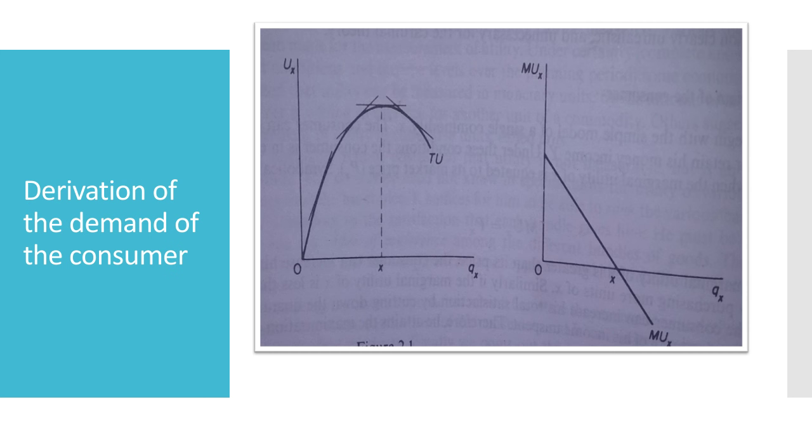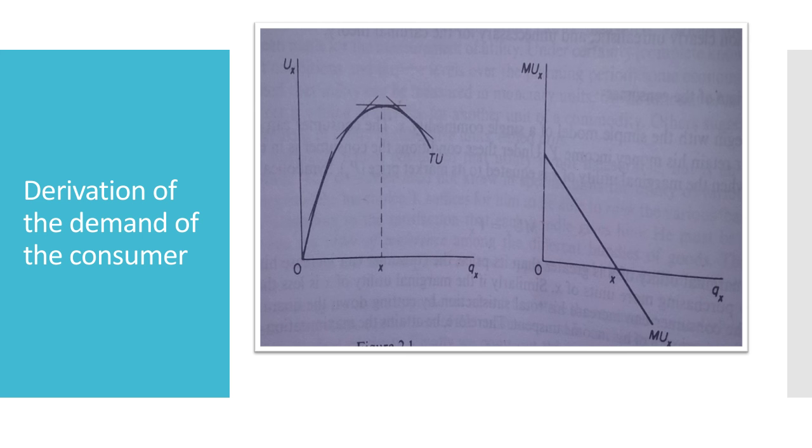Next is the graphical representation of the theoretical portion of cardinal utility analysis. These two diagrams reflect the total utility and marginal utility cases. Initially, when we consume the commodities, we get a larger utility from the consumption of a commodity, and it becomes constant over a period of time at point x in graph 1, and after that total utility may diminish.